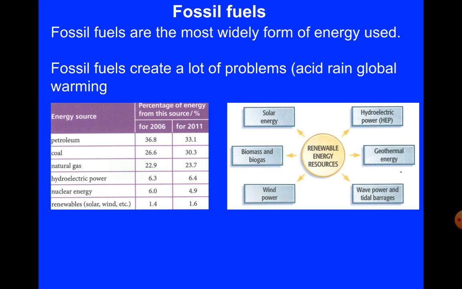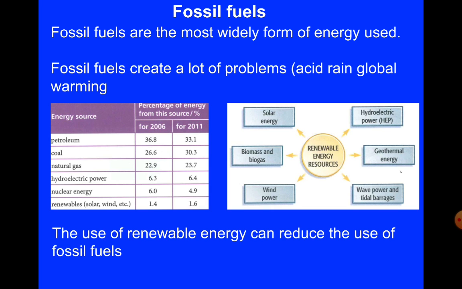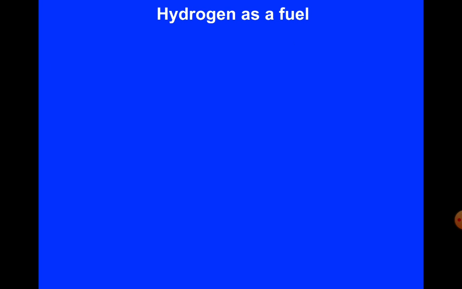So, in order to reduce the problems with the fossil fuels, we should use more renewable energy to reduce these fossil fuels. One of those fuels that we actually could use and make pretty easily, but has its problems, is hydrogen.